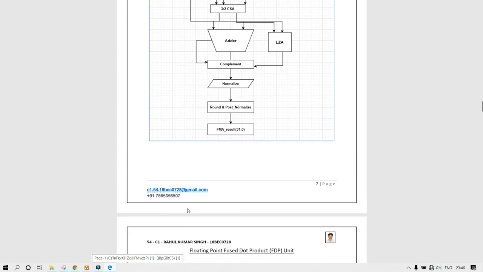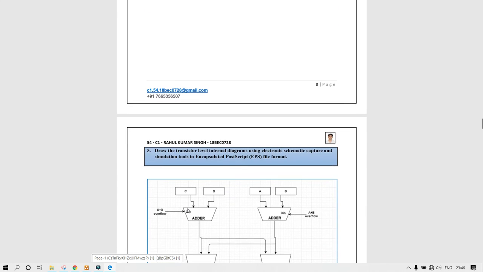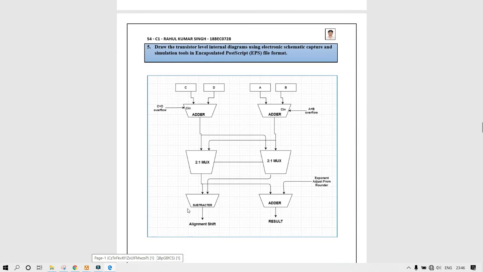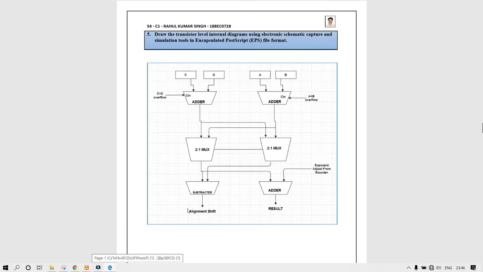Now moving on to the next question. Question 5. Draw the transistor level internal diagram using electronic schematic capture and simulation tool in EPS file format.